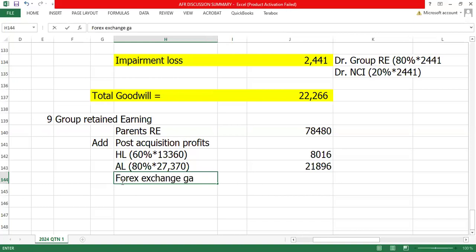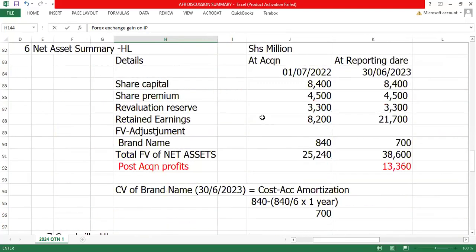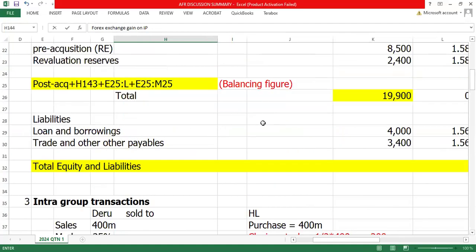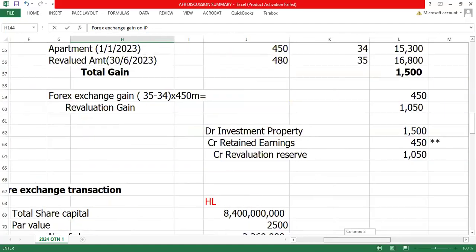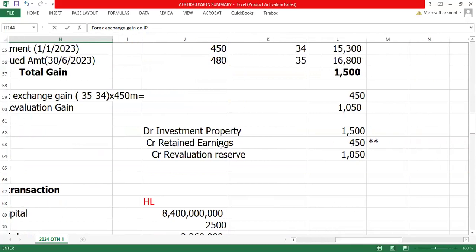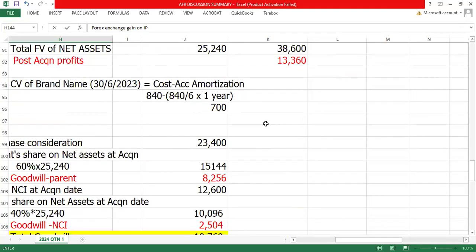We had the one for gain on investment property. Do you recall that? We had 450. Are you seeing this figure? Yes. So it is credit.